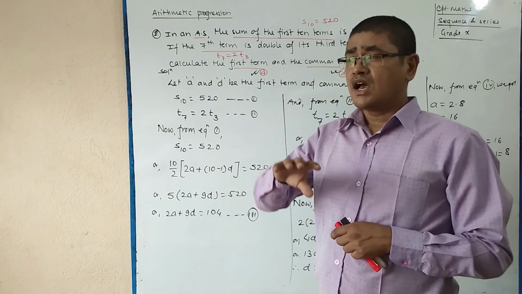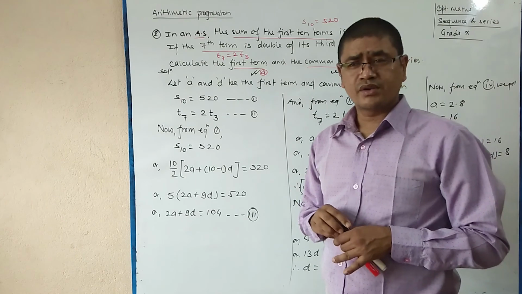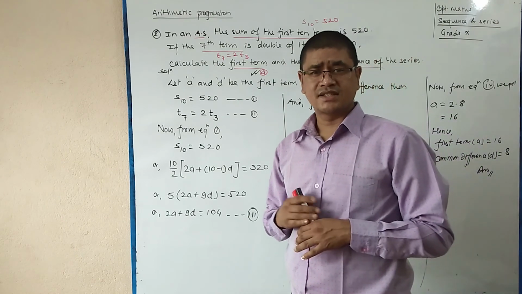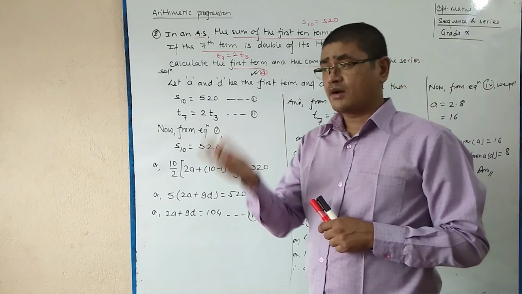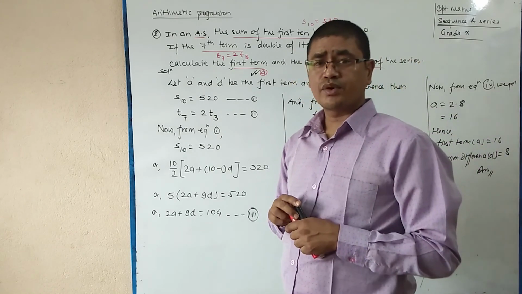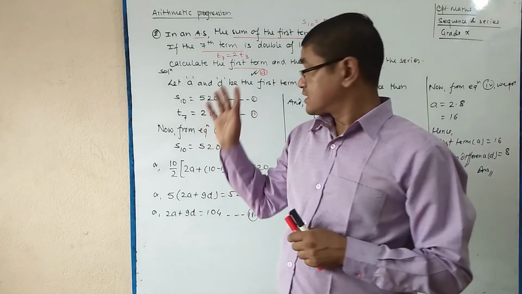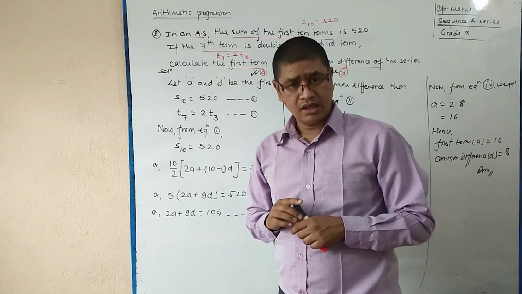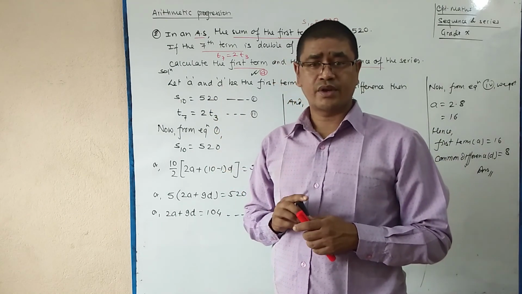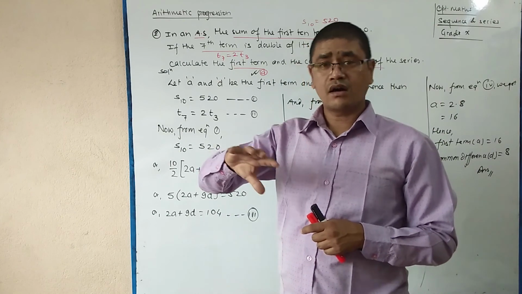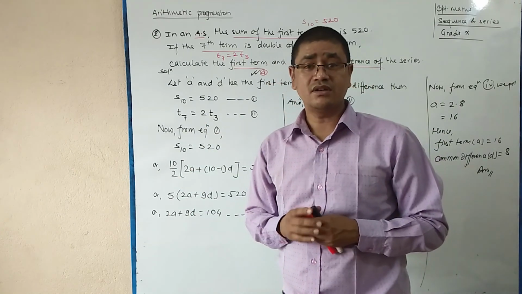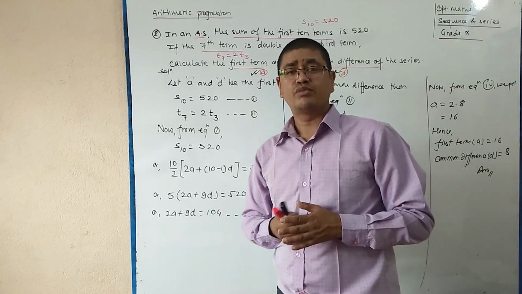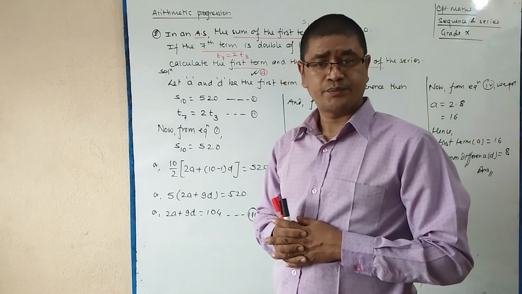In this way, almost all important questions asked in your SEE examination have been solved. Now from the next lecture we are going to geometric progression, and in the same way we will do it there as well. After completing geometric progression, we will see almost all the mixed questions from arithmetic progression and geometric progression, which are very important from the examination point of view.